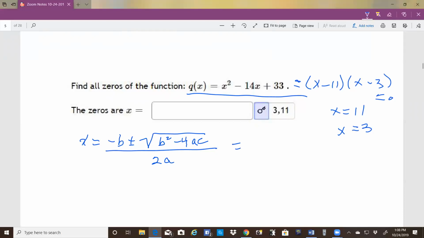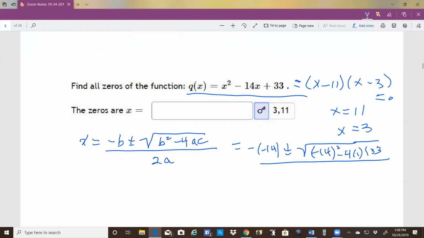So minus b is minus minus 14, plus or minus the square root of b squared, which is minus 14 squared, minus 4 times a, which is 1, times c, which is 33, all over 2a, which is 2.